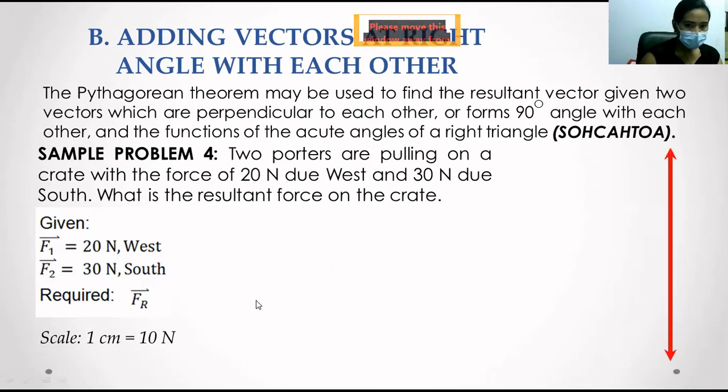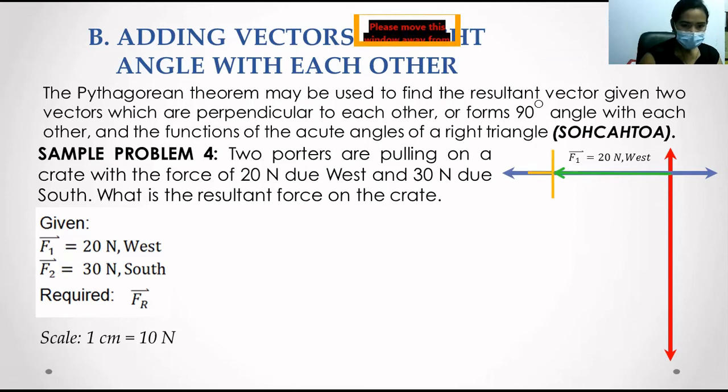Now let's draw our cardinal directions: northern, southern, east, and western direction. So our first arrow using this scale will be 2 centimeters in length due west as pointed by our green arrow. That's 20 newtons due west.